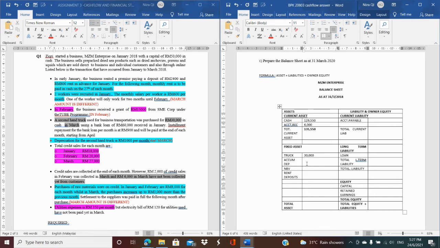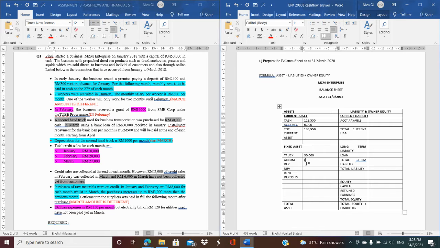If it's in the second month, it will be accumulated, which means you add up the previous depreciation amount with the current depreciation amount to arrive at the accumulated depreciation amount, because we're going to reduce the value of the asset through the accumulated depreciation.